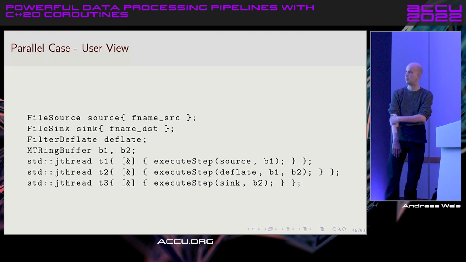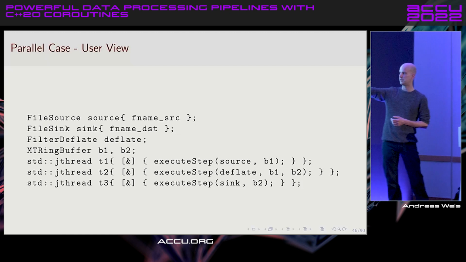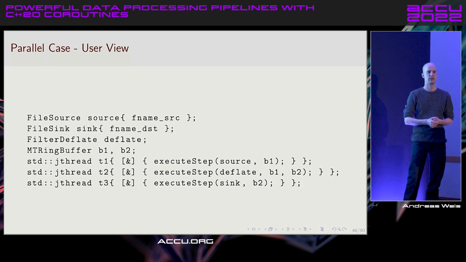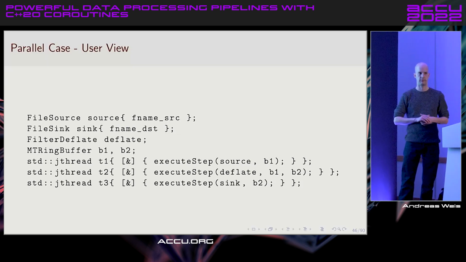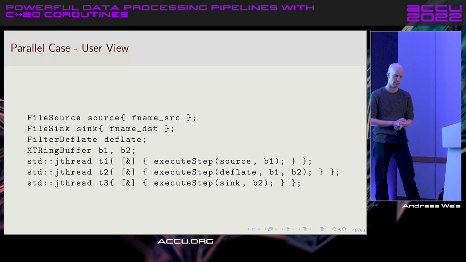And this is what it now looks like from the outside. So I put each execute step function in its own thread. They're all running concurrently. Of course, they're blocking a lot because they're waiting for buffers from their neighbors. But in theory, this is a design that actually works quite well.